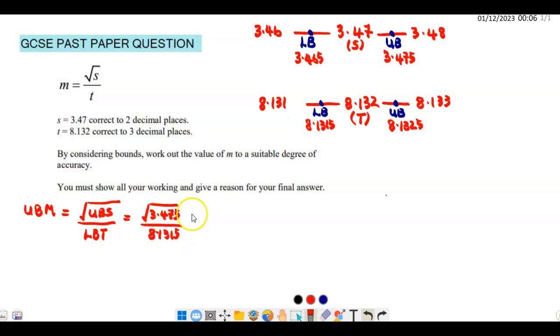So let us input this in the calculator and see what we get.